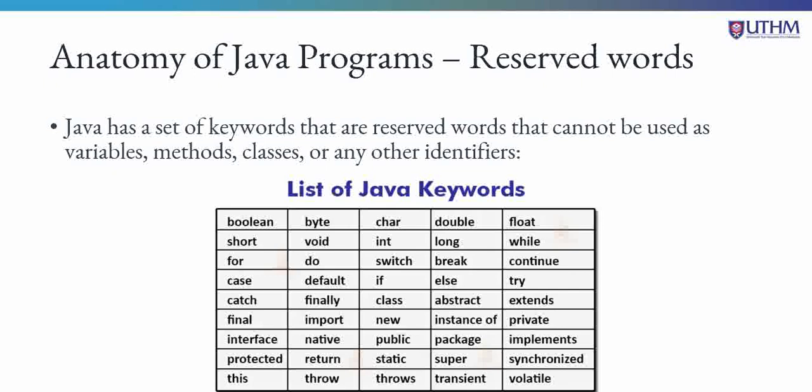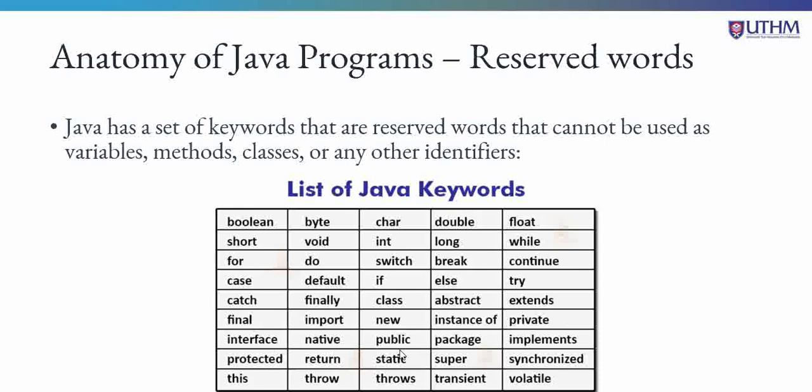For example, in C also you have boolean, you have byte, char, double, float, switch, case, if else. But in C you don't have class, abstract, you don't have extends, you don't have import, new, instanceof, private. These are the new ones that you will learn later on.